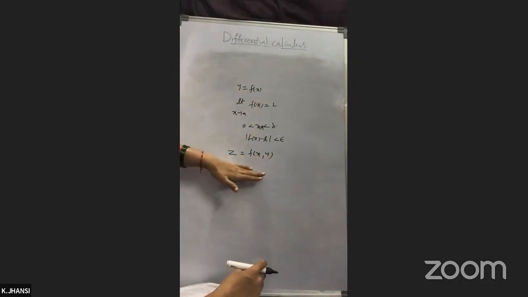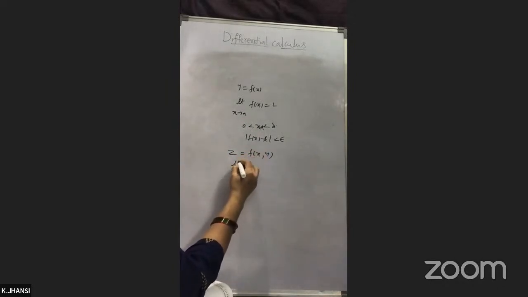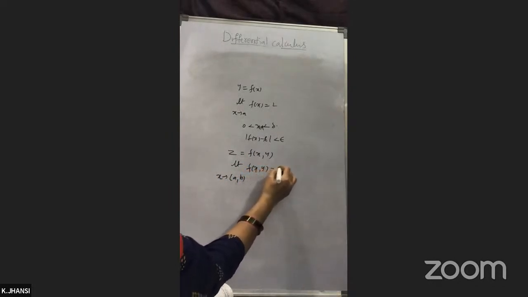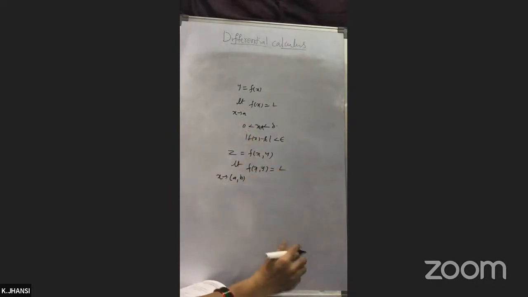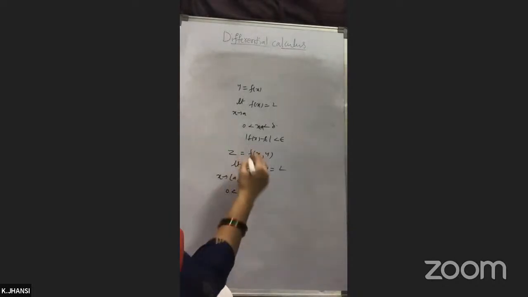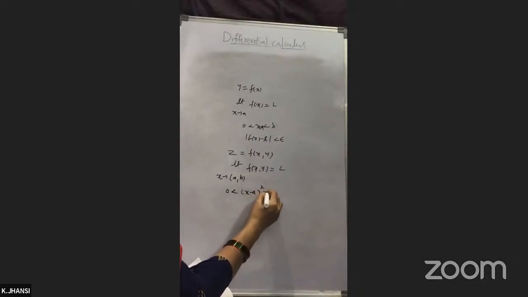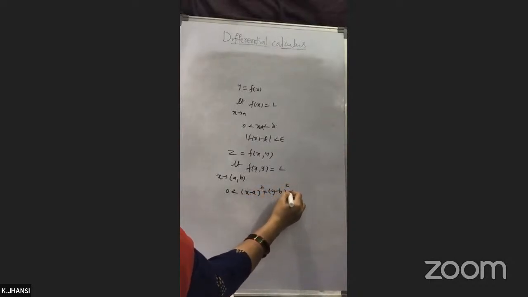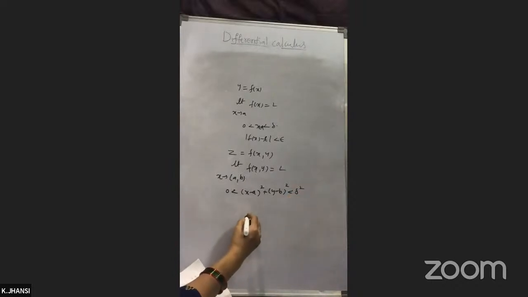Whenever 2 variables are there, we have the limit definition like this: limit x, y tends to a comma b, f of x comma y equals L. And here the condition is that for epsilon greater than 0, there exists delta greater than 0 such that 0 less than x minus a whole square plus y minus b whole square less than delta square, and mod of f of x comma y minus L less than epsilon.